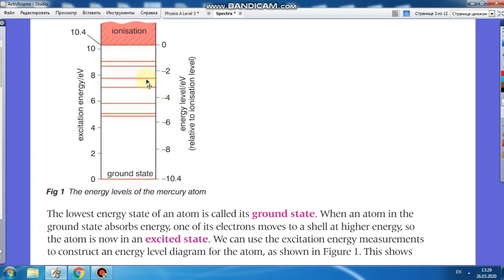At the top we see ionization. What does ionization mean? Ionization means that electrons absorb enough energy to escape from the atom. For mercury it is 10.4 electron volt. This amount of energy is enough to ionize the electron.